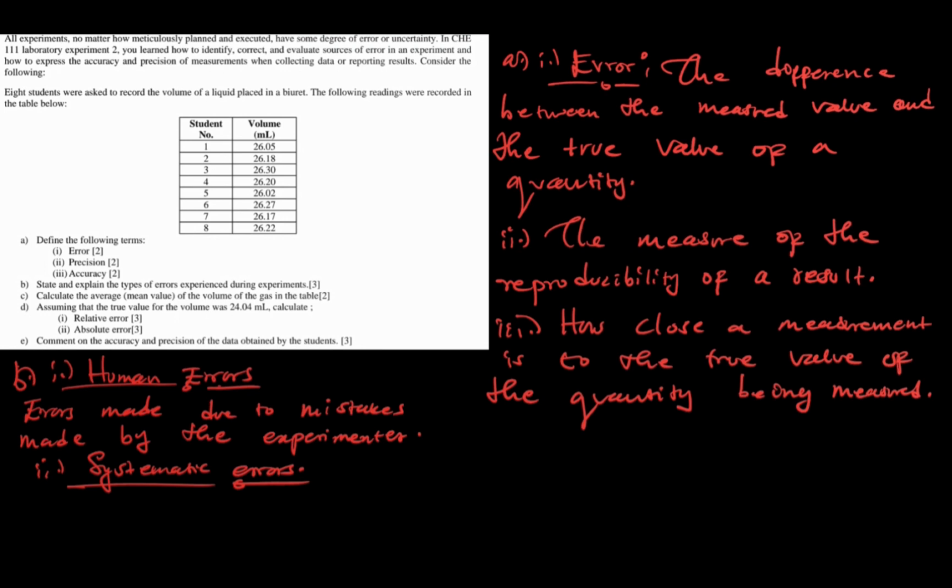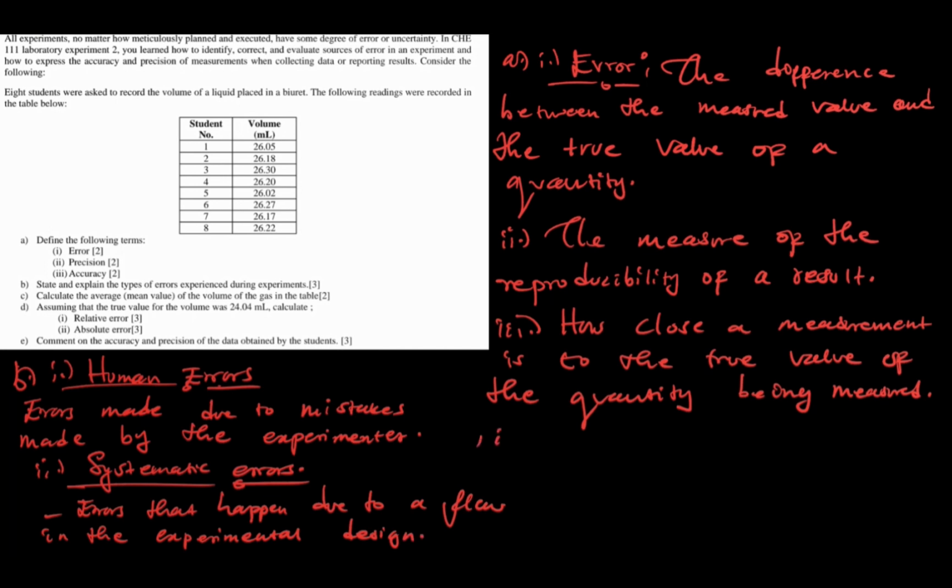So in a nutshell, systematic errors are errors that happen due to a flaw in the experimental design.